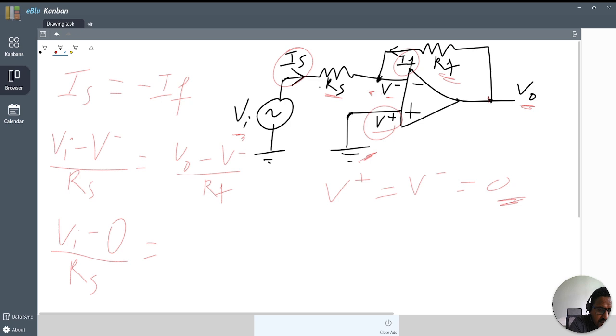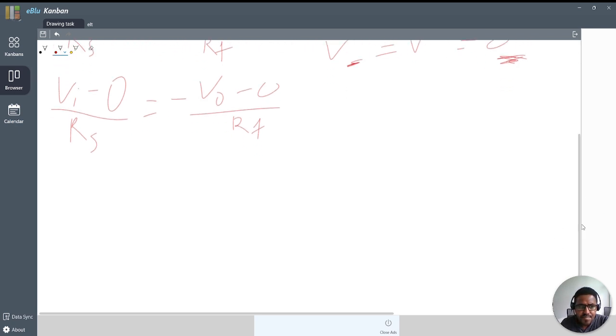Please don't forget the sign: it is minus of V out minus V inverting, again replaced with 0, over RF. This means V in over RS equals minus V out over RF.